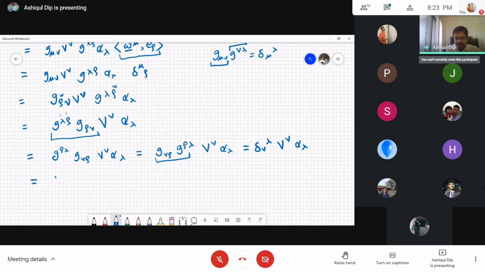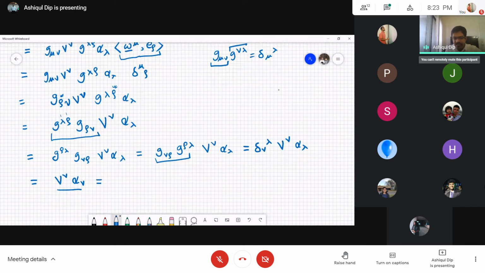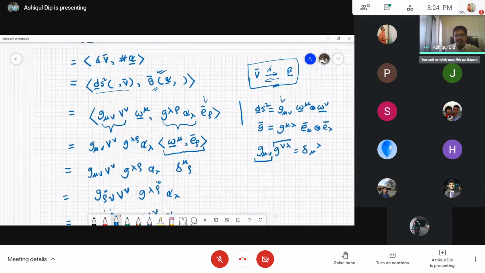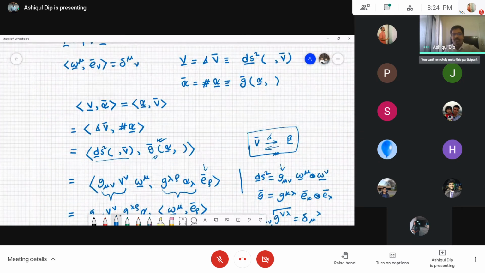You'll get phi nu alpha nu, which we already knew is the result of piercing of alpha as a one form and v as a vector, right? So we have already proved that this result is true.